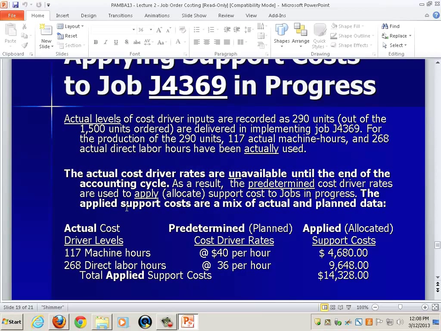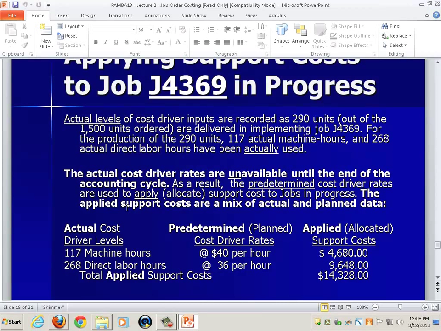Machine hours are recorded, so we get that 117 machine hours were put to produce exclusively, specifically, those 290 units. And the direct labor hours, which is a cost driver for the indirect labor, we know we put 268 hours, we calculated that before. But now, what are the rates? We don't have actual. These numbers are actual, 117, 268.